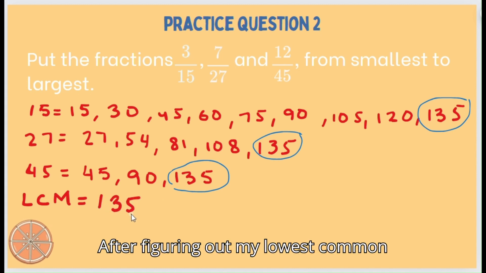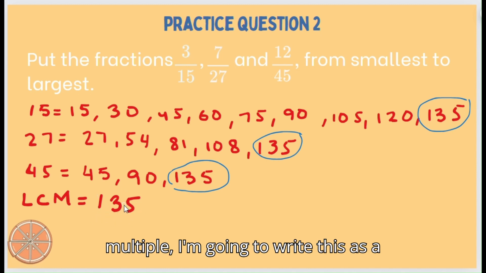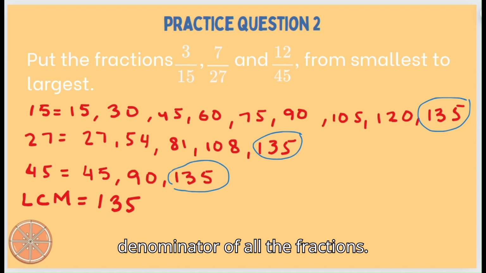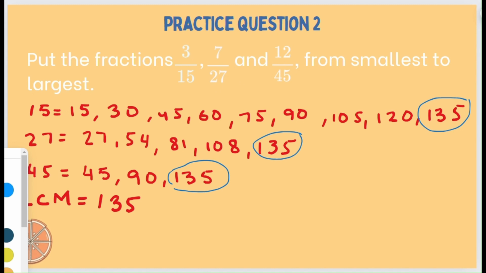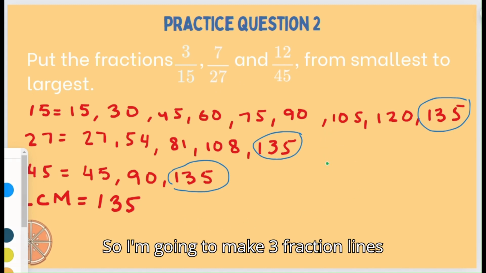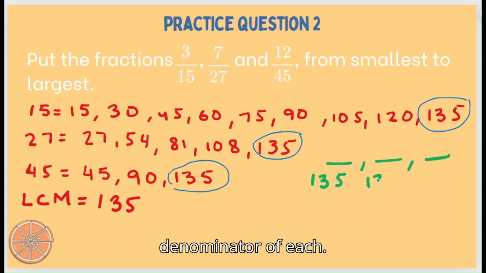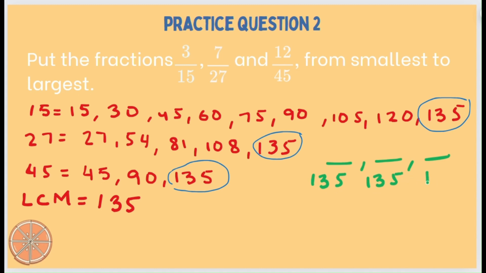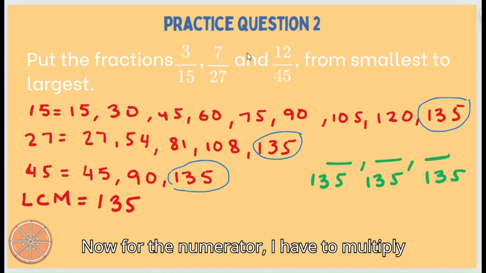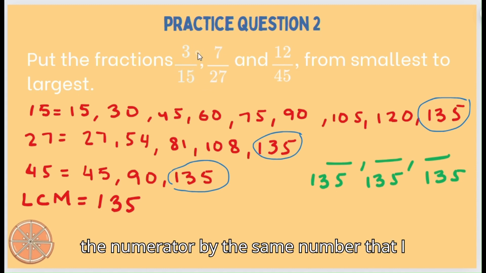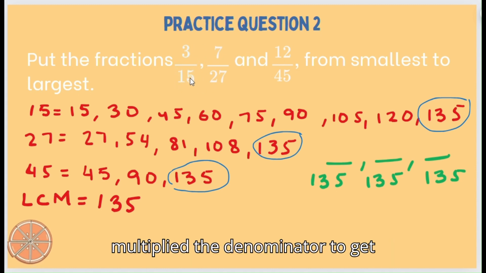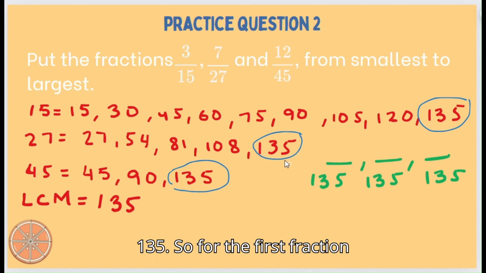After figuring out my lowest common multiple, I'm going to write this as the denominator of all the fractions. So I'm going to make 3 fraction lines, and I'm going to write 135 in the denominator of each. Now for the numerator, I have to multiply the numerator by the same number that I multiplied the denominator by to get 135.